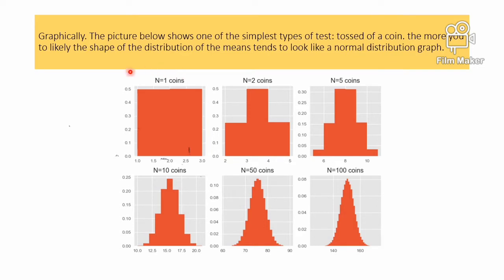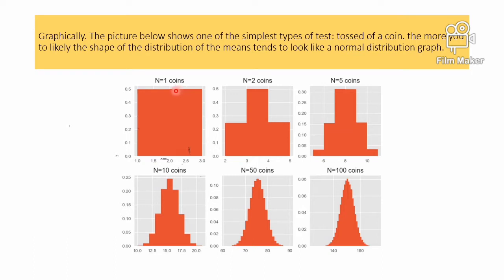So I will present a photo. Look at this one. Graphically, the picture below shows one of the simplest types of experiment, the toss of a coin. The more coins, the more the shape of the distribution of the means tends to look like a normal distribution graph.